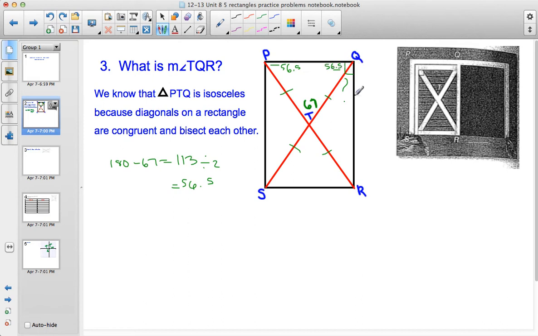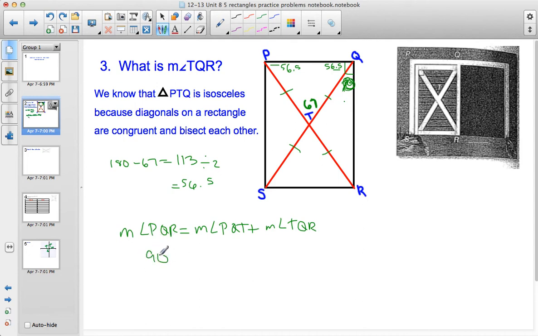But I still don't know this angle here. This is the one I'm searching for. So I know that the measure of angle PQR, the big one, equals the measure of angle PQT, which I just solved, plus the measure of angle TQR, the one I'm trying to solve. Well, PQR is the right angle, so that's 90.